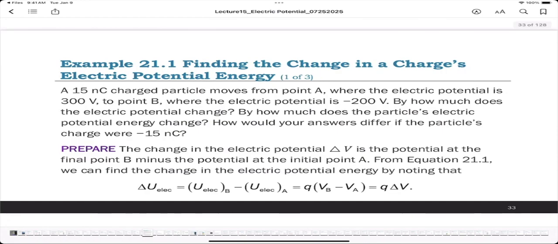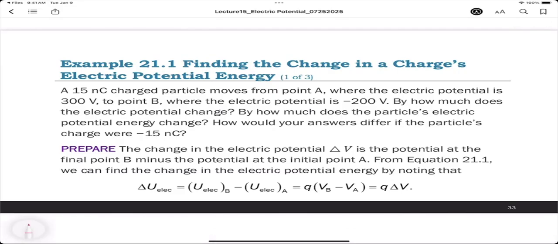So let's check one example problem. Finding the change in a charge's electric potential energy. A 15 nC charged particle moves from point A, where the electric potential is 300 volts, to point B, where the electrical potential is negative 200 volts, which means the difference should be 300 plus 200, it is 500.